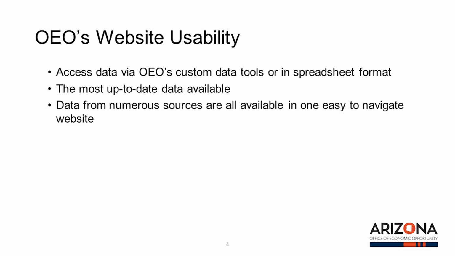You're also able to access this data on the Tableau tools that I'll be going over, or our data visualizations, and also in spreadsheet format. And we update our data very regularly. As soon as we are allowed to release the numbers from BLS, within the hour, we update the information. So very up to date in that way.